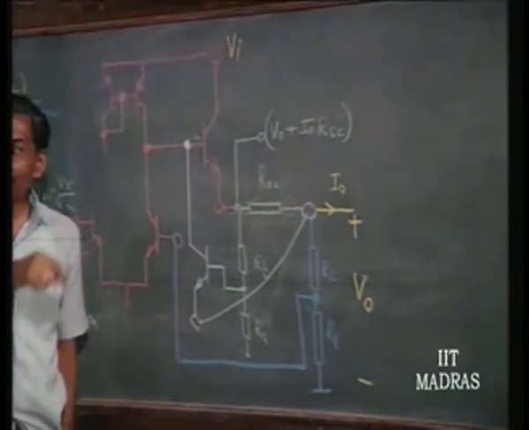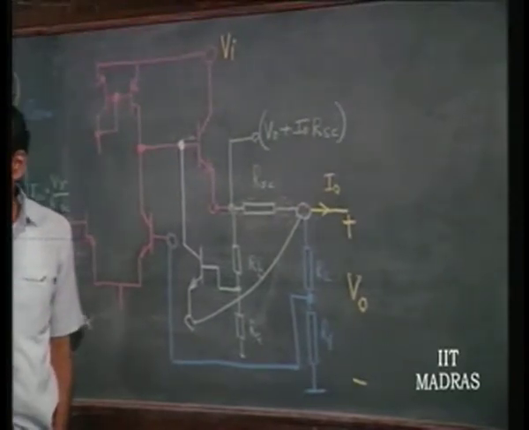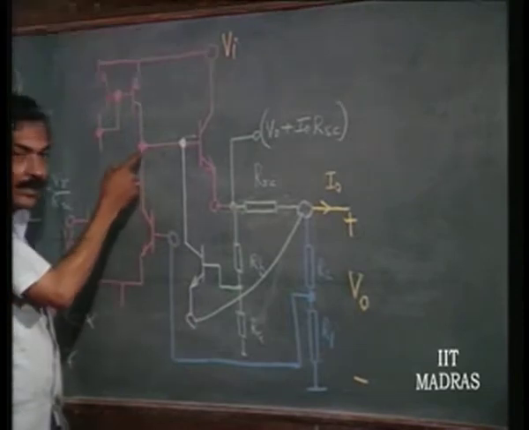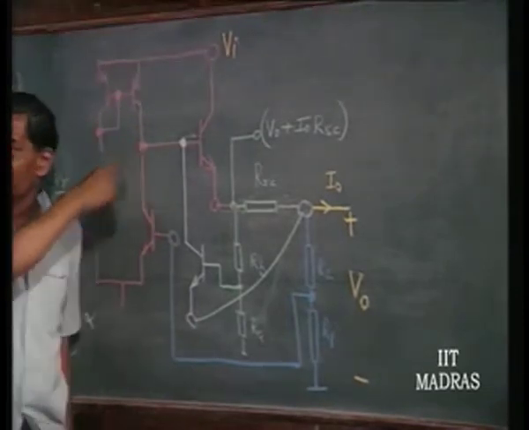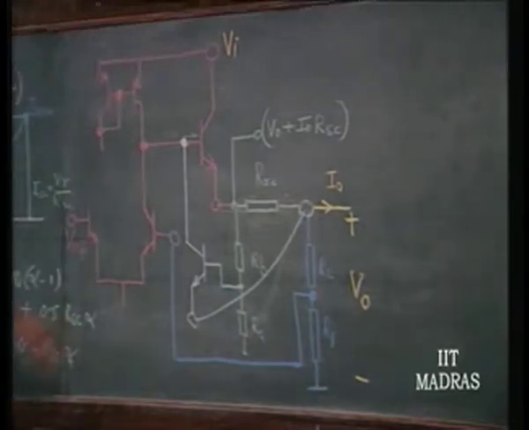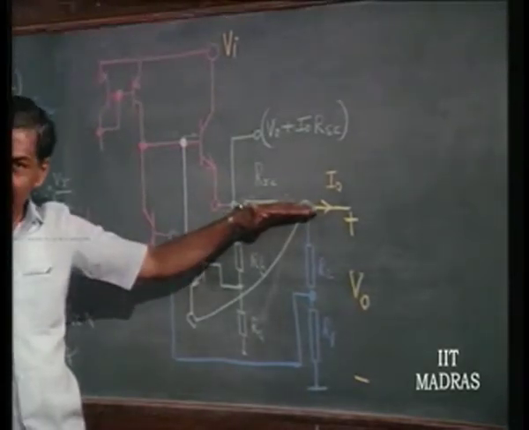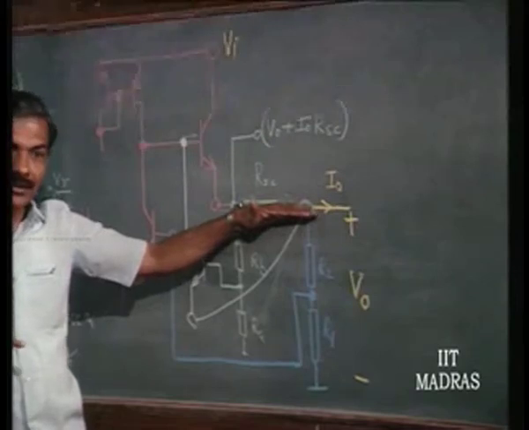So, the output impedance without feedback is going to be fixed primarily by the output impedance here divided by beta, rather than any of these resistors. Is this clear?